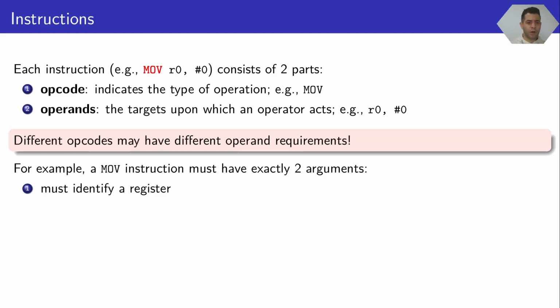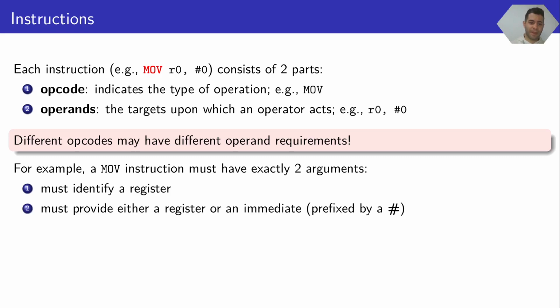For example, the mov instruction must have exactly 2 arguments. The first one must identify a register, and the second one must provide a register or an immediate. Like in this case, each immediate is prefixed by a sharp. Okay. The semantic of the move instruction is, roughly speaking, what is this operation doing?